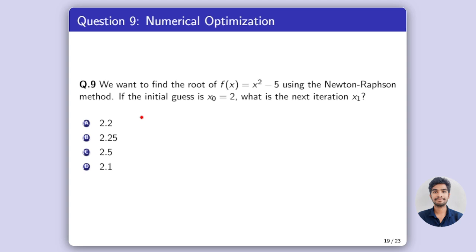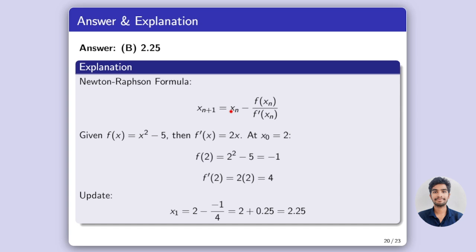The next iteration will be more than 2, so I think the answer will be A or B. The Newton-Raphson formula, actually, I don't remember this formula.